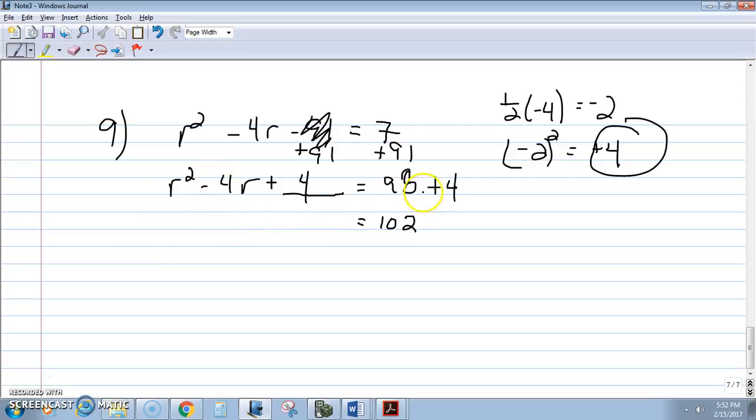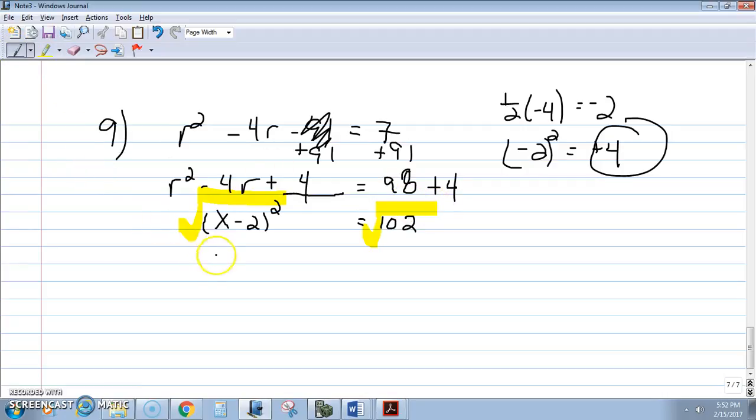And over here, I'm going to factor this. I already know I'm going to use that negative 2 that I originally found. It's going to be x minus 2 squared. Okay. Now I can solve it. Take the square root of each side. Bam. Square root here.